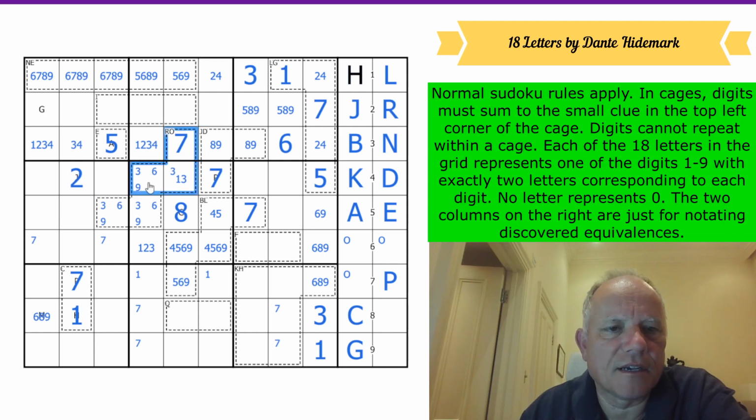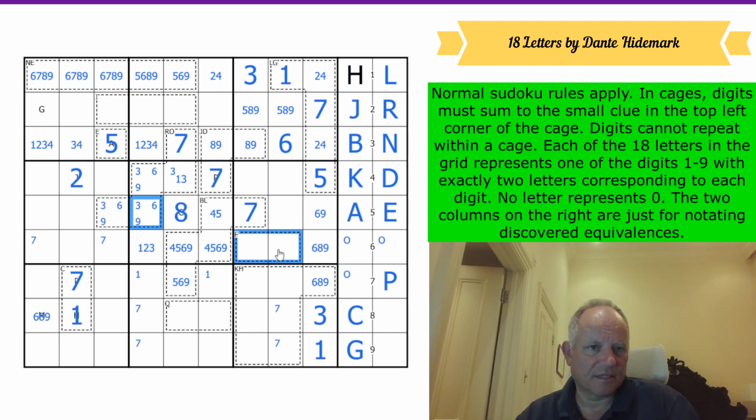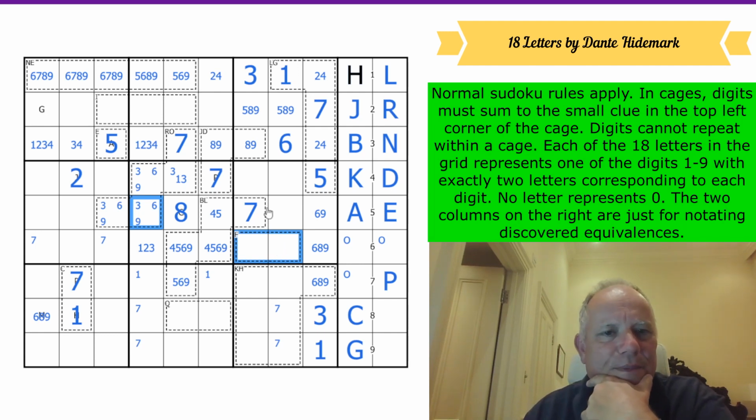7, 3, 6, 9, 2. Ooh, if this had a 2 in it, the 2 would have to be there, which would put a 2 in the F cage. Right on the cusp here, come on. What about this?